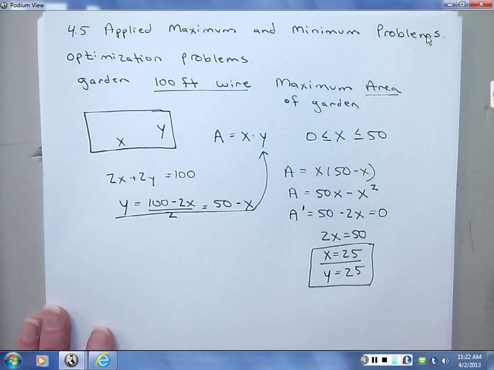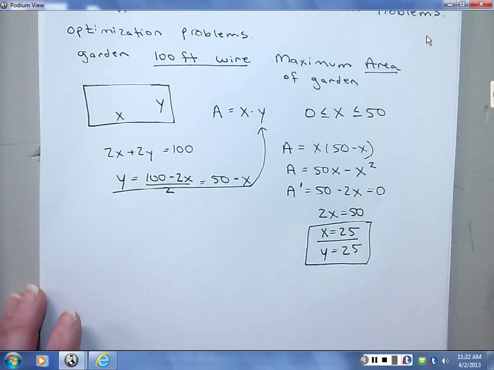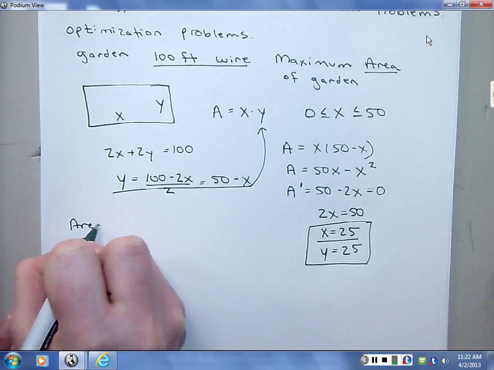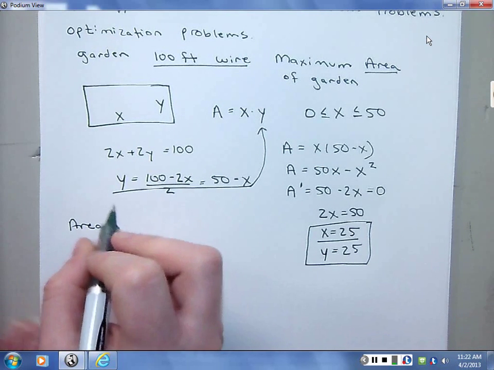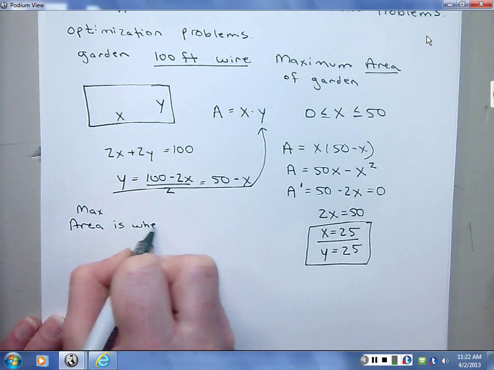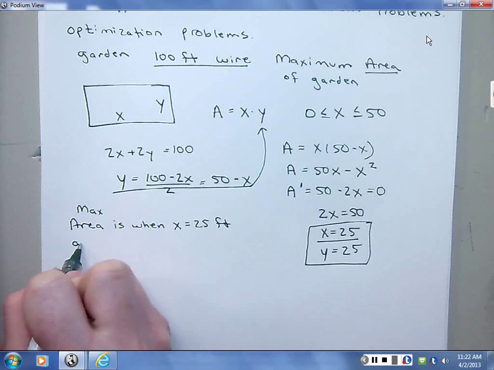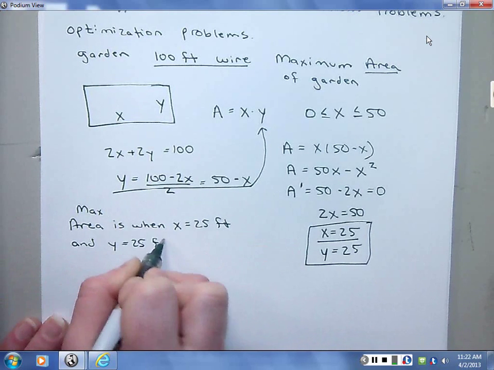So it turns out maximum area is when x and y are 25. The max area is when x equals 25 feet and y equals 25 feet.